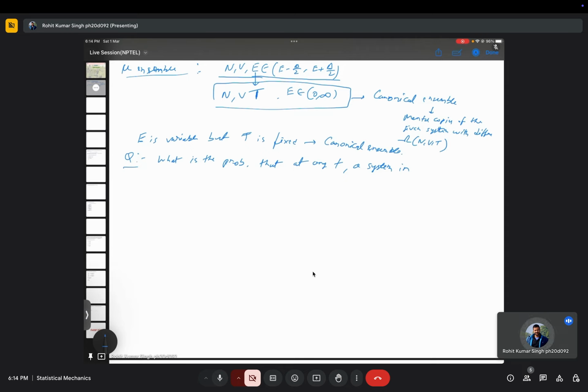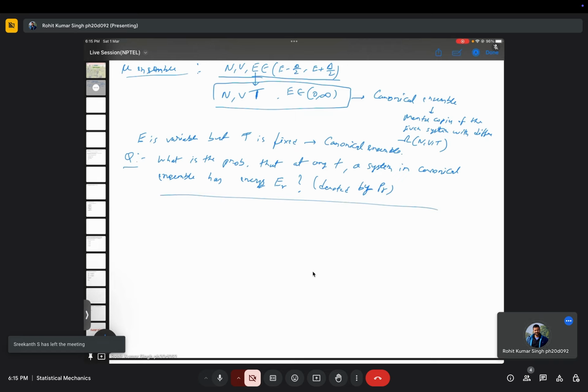So the question is, what is the probability that at any time t a system in the canonical ensemble has energy Er? Let's denote this probability by Pr. This is the fundamental question about the canonical ensemble.